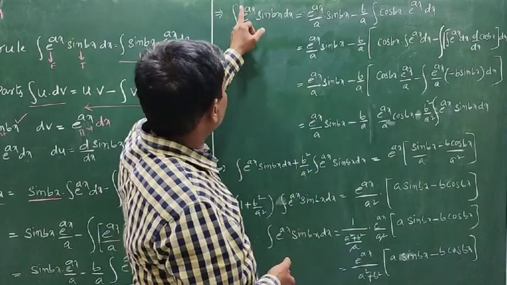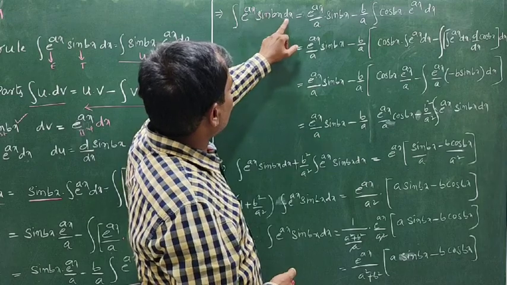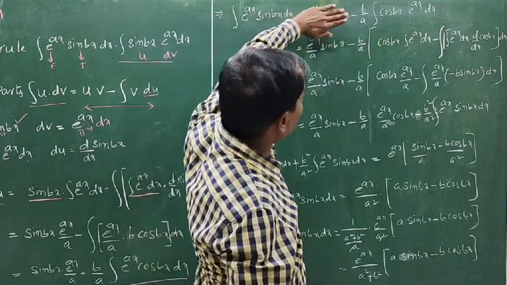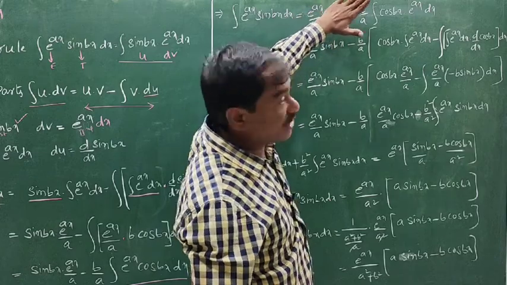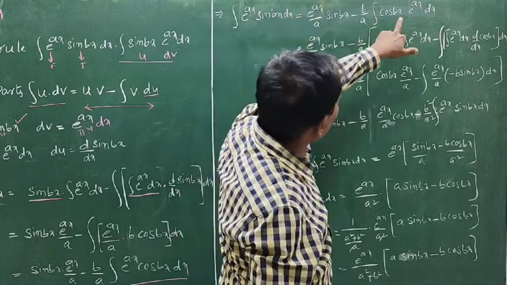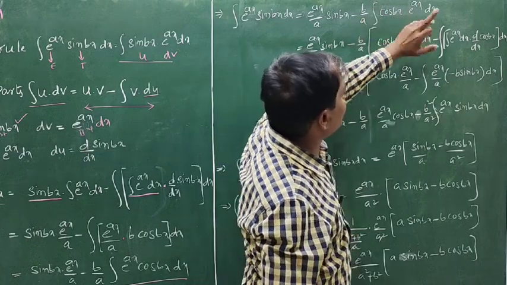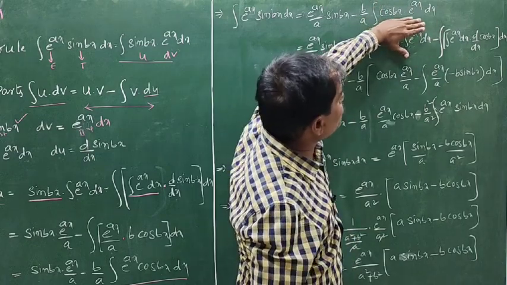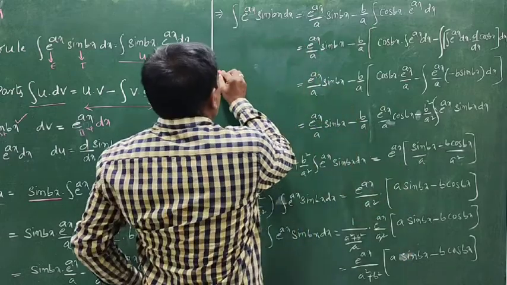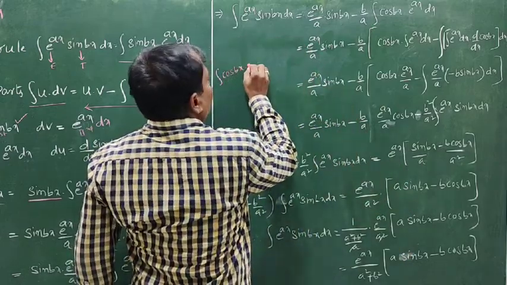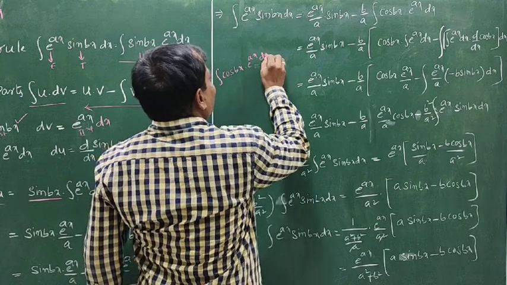Now the given integration, integral e power ax sine bx dx equals e power ax by a sine bx. We have this function with no integral sign or differentiation sign. But coming to the second part, this is actually integral e power ax cos bx dx. Again here we use the uv method. So now integral cos bx e power ax dx is given.